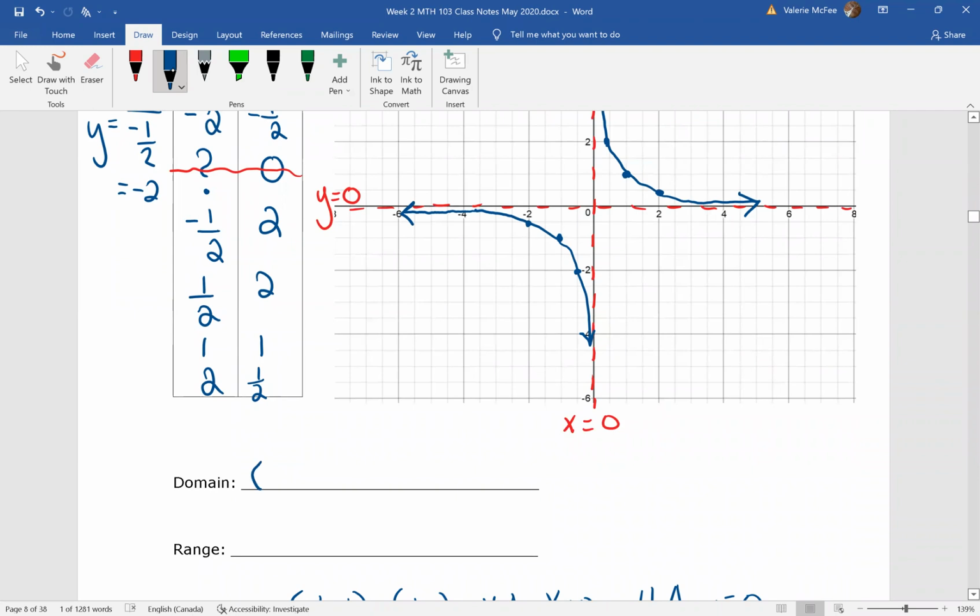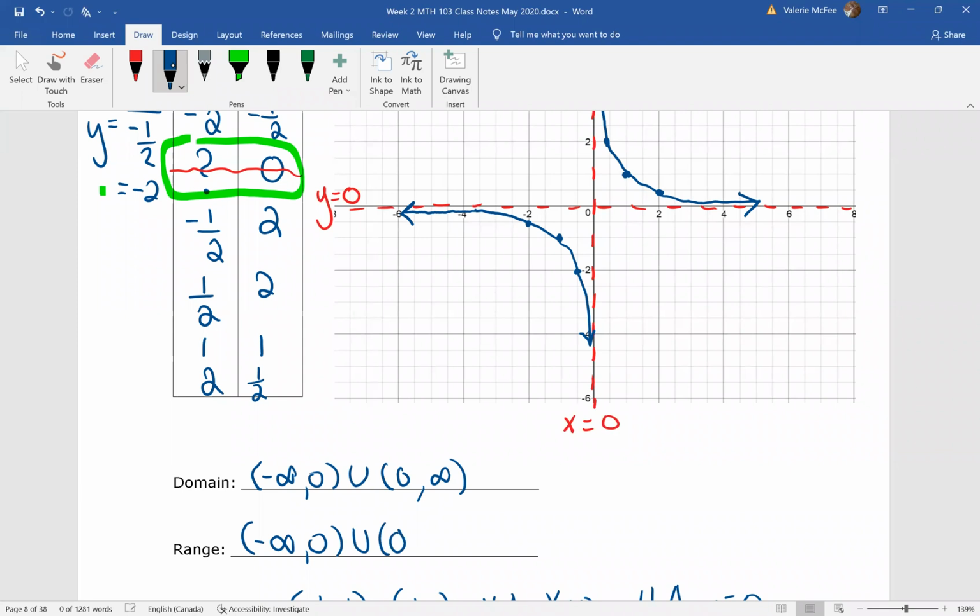So we can say from -infinity to 0, union 0 to infinity. We also saw that y can't equal 0. So our range is also from -infinity to 0, union 0 to infinity.